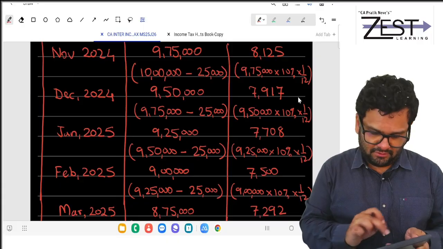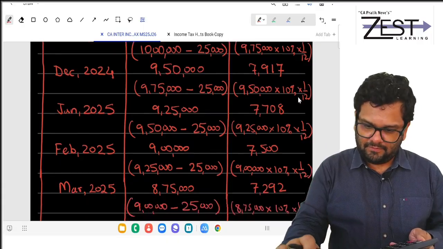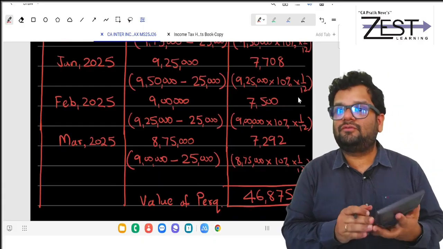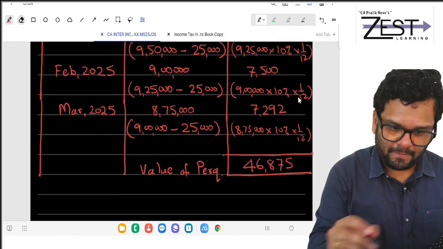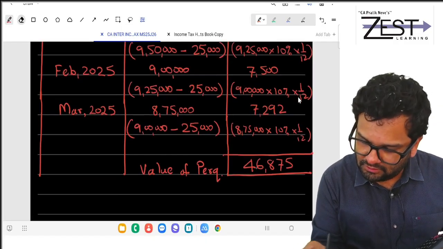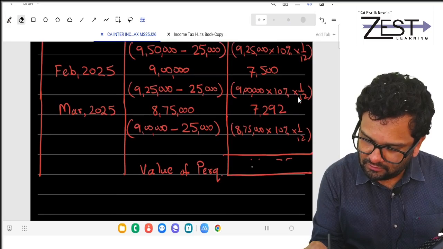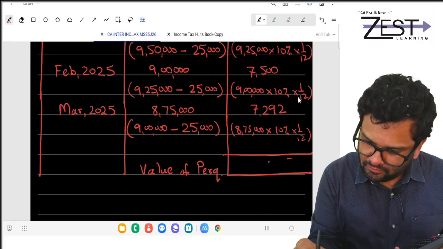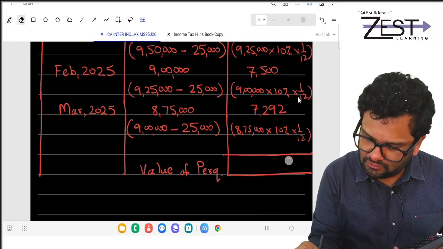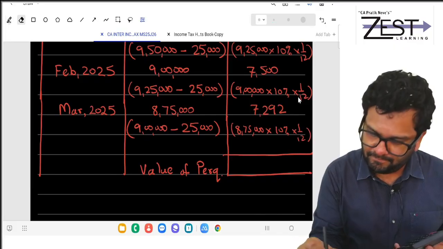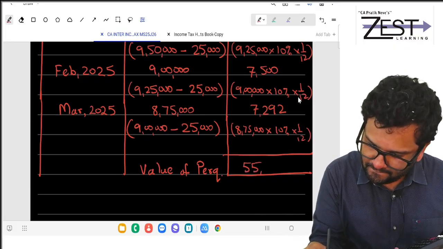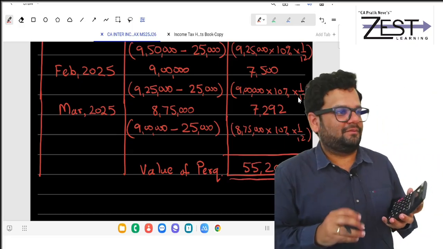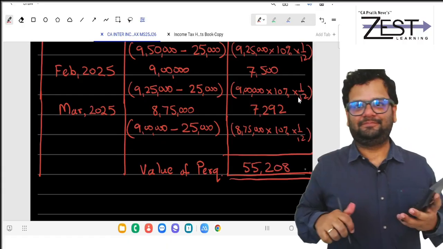I'm getting 55,208. I think 155,208 will be the value of perk. Clear?